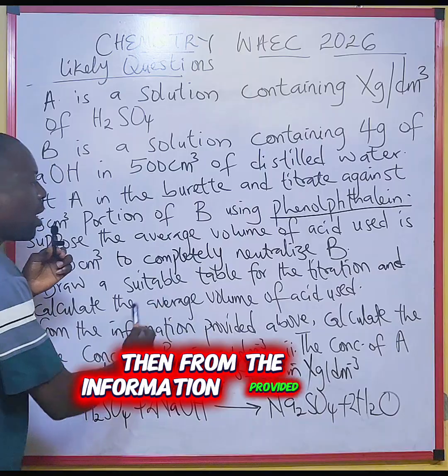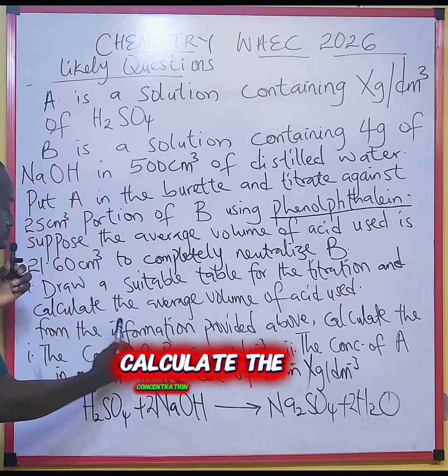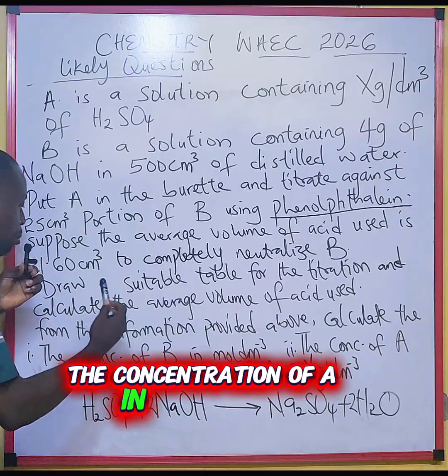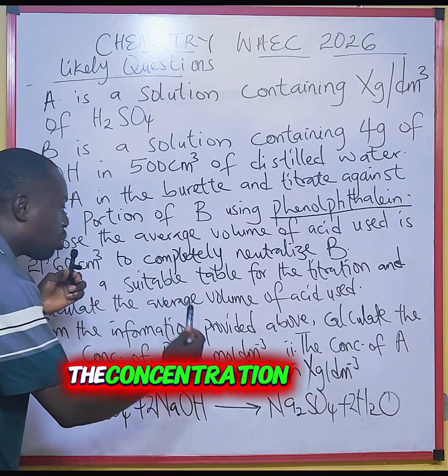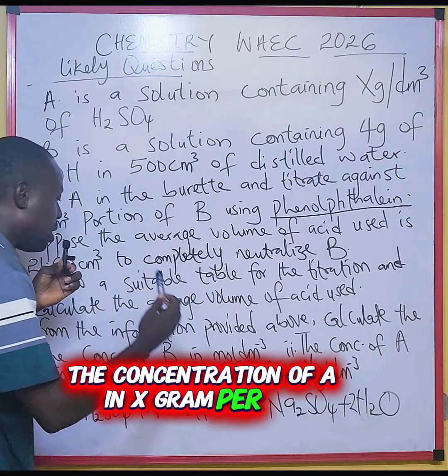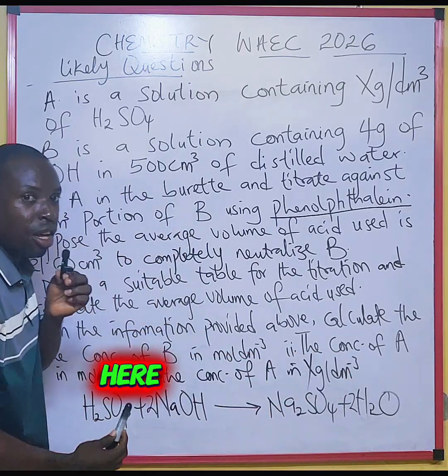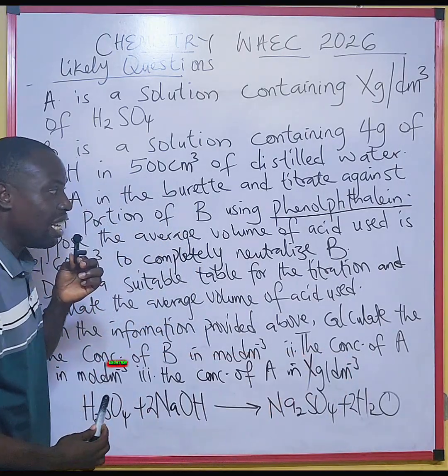Then from the information provided above, calculate the concentration of B in mole per dm cube, the concentration of A in mole per dm cube, the concentration of A in S gram per dm cube, thereby giving you your equation here, which is the balanced equation.